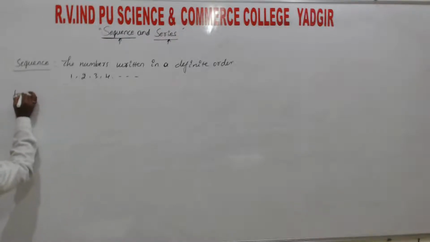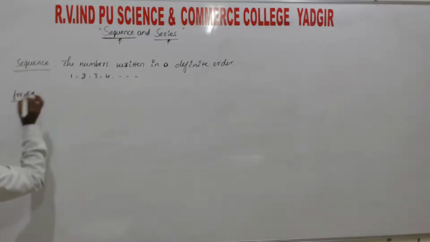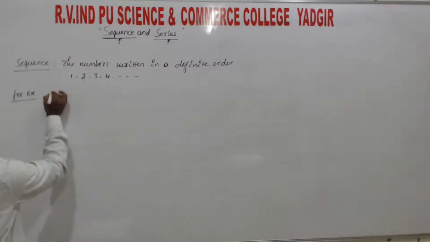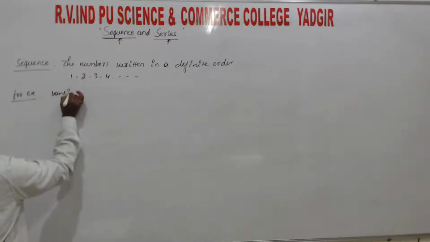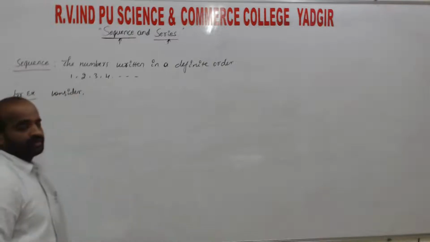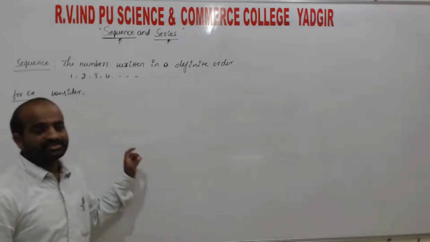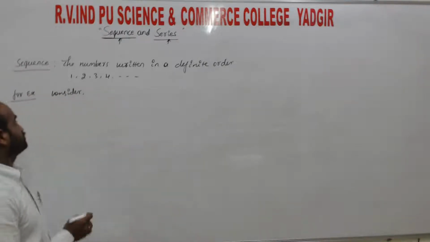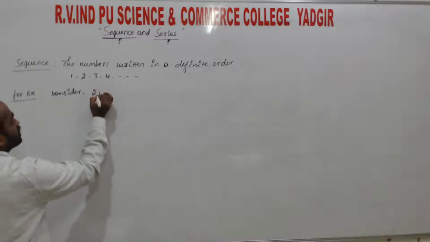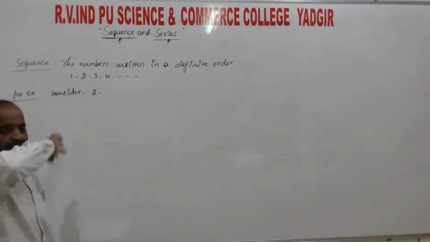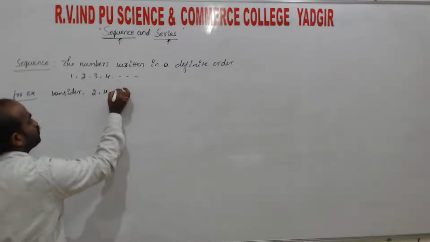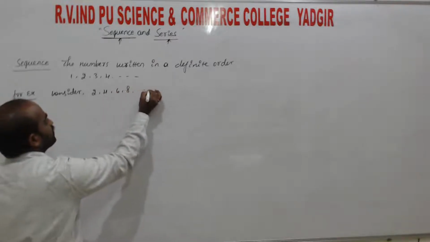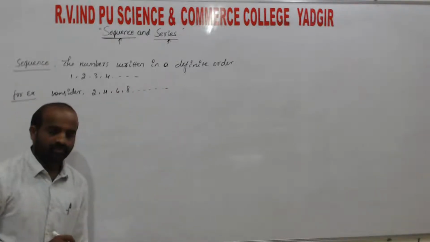Next, for example, consider the sequence of even natural numbers: 2, 4, 6, 8, and so on.